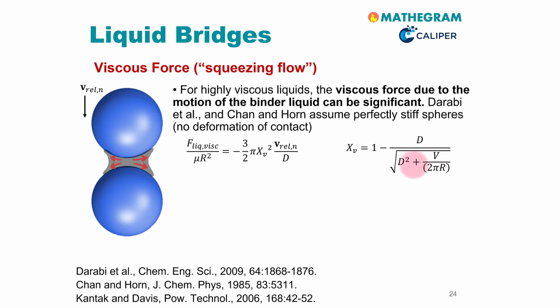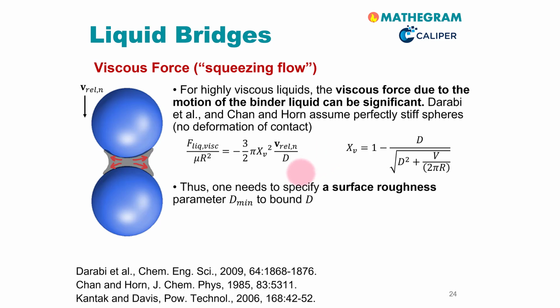So you see here, if v is increasing, this term is getting larger, this second term is getting smaller, so essentially a larger v means a larger viscous force, as it should be, of course. It's also important that we specify a cutoff. You see here we divide by d, so we have to specify a minimal distance, or half distance to be more precise, right?